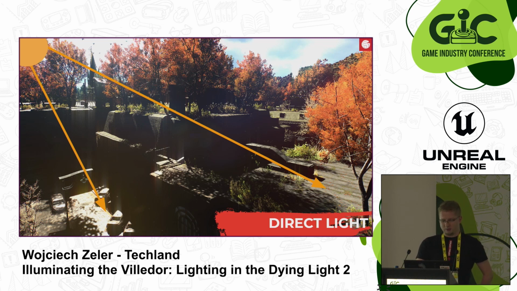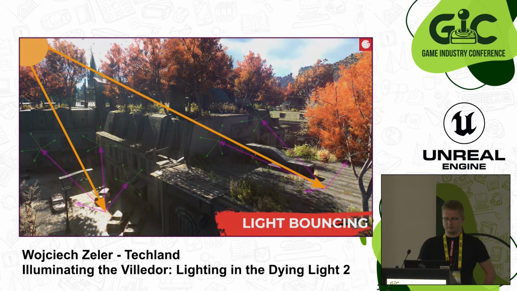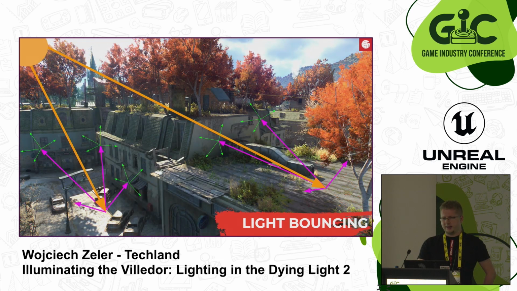In this talk, I would like to focus on filling these black gaps with indirect lighting. Indirect lighting is direct lighting that was bounced off any surface. I've marked examples of the first bounce with pink arrows, while green arrows represent the second bounce.